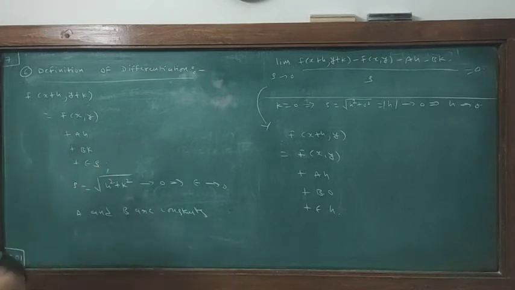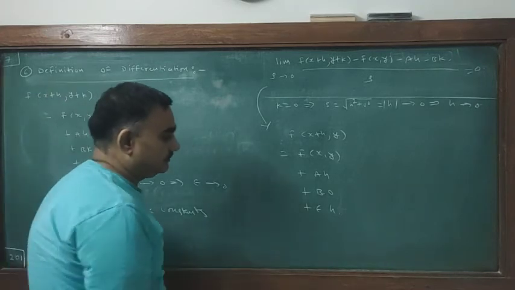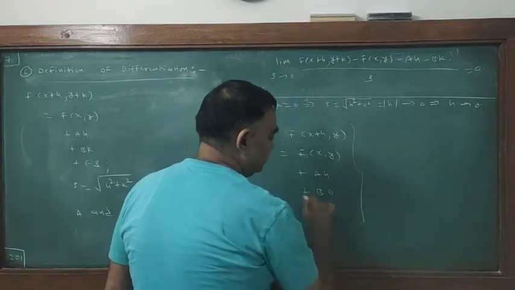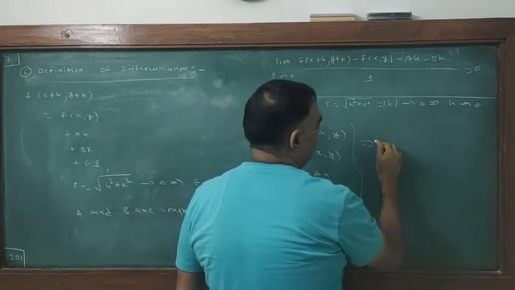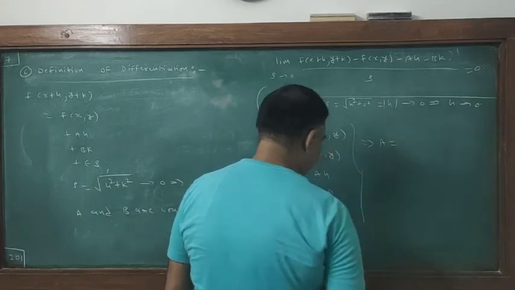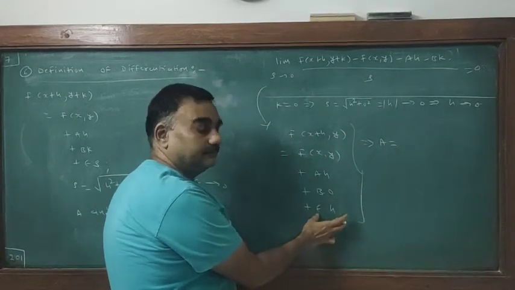Rho is h or mod h, minus h or plus h. Simplify this.